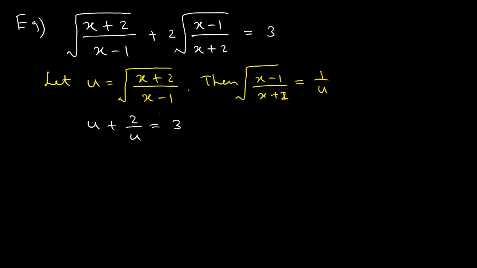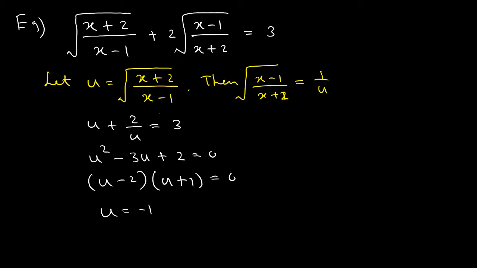Now you know how to do this. You multiply by u. Then you can rewrite this as u squared minus 3u plus 2 equals 0. The factors are u minus 2 and u minus 1. So the solutions are 1 and 2.